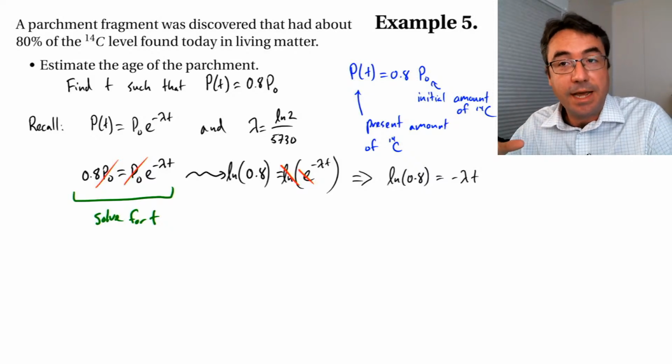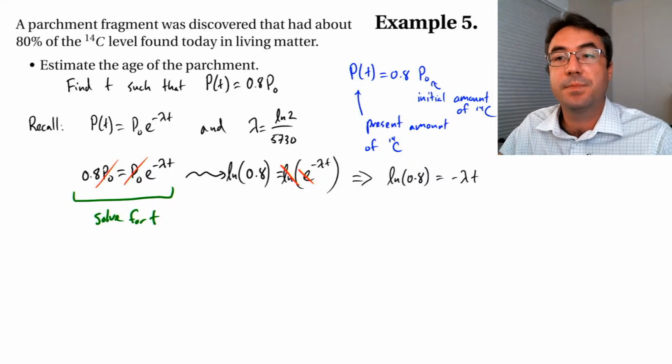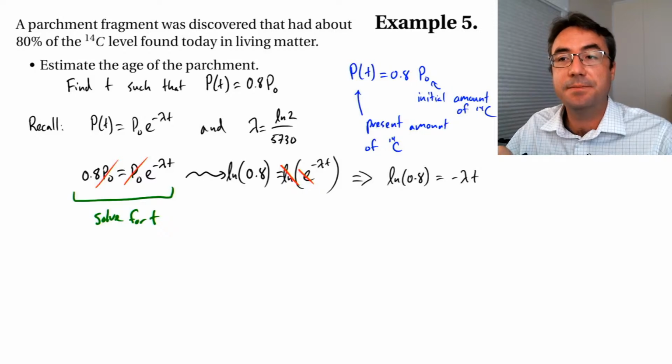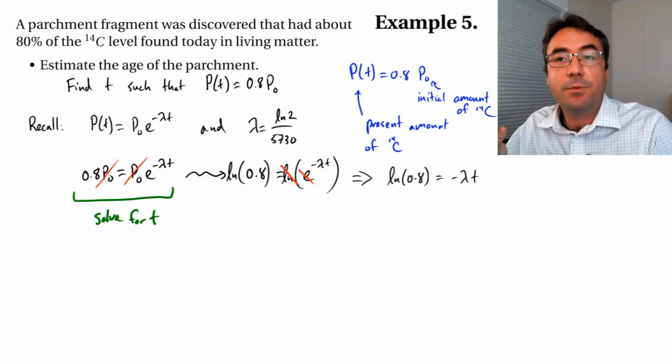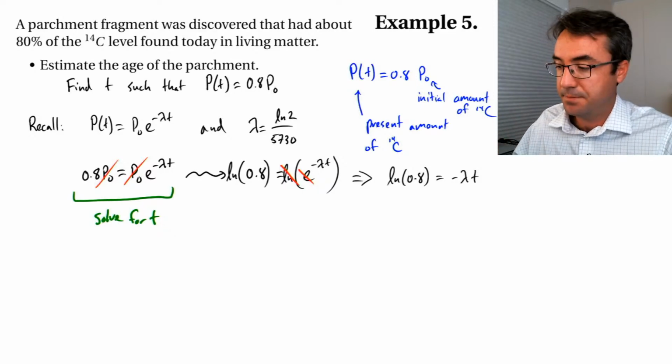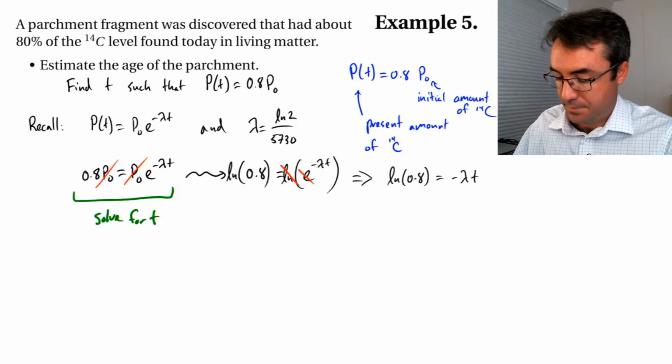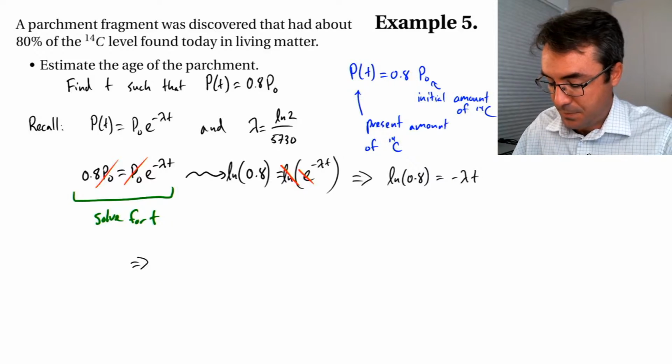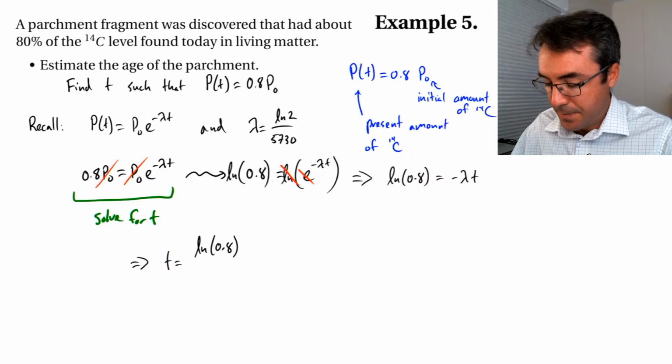We know what negative lambda is, so we'll fill that in just a second. And we just want to keep solving. We're trying to solve this for t, so we're going to divide both sides by negative lambda. So t is equal to natural log 0.8 divided by negative lambda.